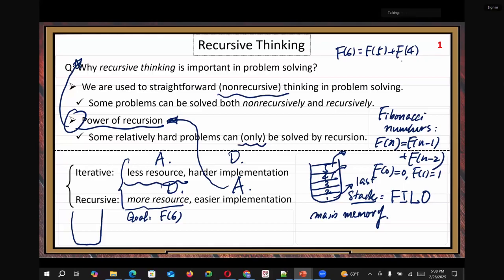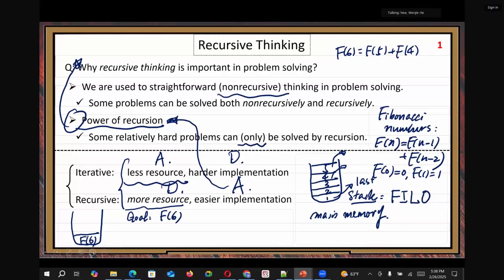That means f of 6, we do not know its value. Then you push f of 6 into the stack. We delayed it. That means we want to delay its calculation, because at this point, we do not have enough information to calculate. So let's put it on hold. Okay? So that's the idea.